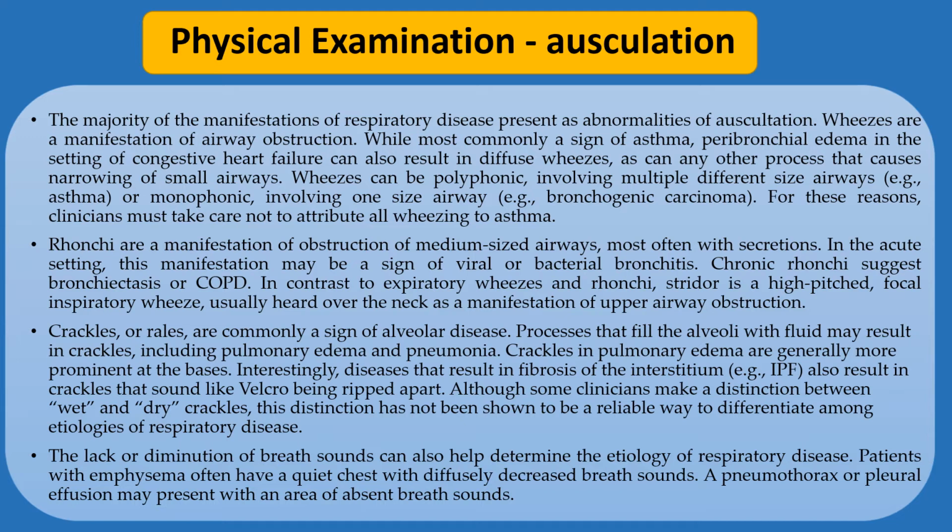In contrast to expiratory wheezes and rhonchi, stridor is a high-pitched focal inspiratory wheeze, usually heard over the neck as a manifestation of upper airway obstruction, such as, for example, cicatricial tracheal stenosis or post-intubation tracheal stenosis. Crackles or rales are commonly a sign of alveolar disease. Processes that fill the alveoli with fluid may result in crackles, including pulmonary edema and pneumonia.